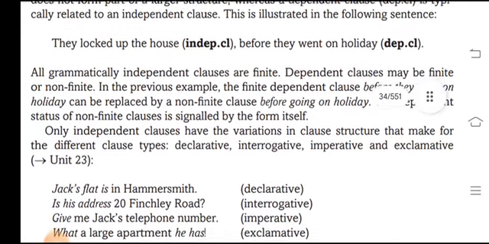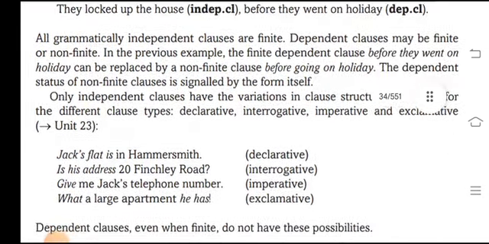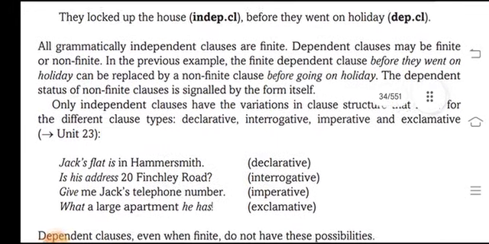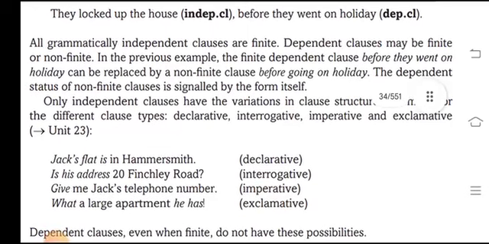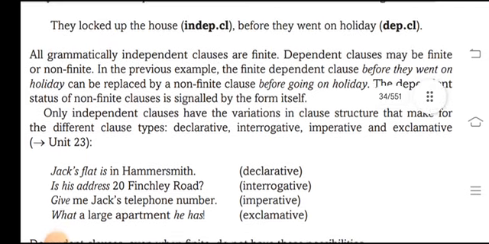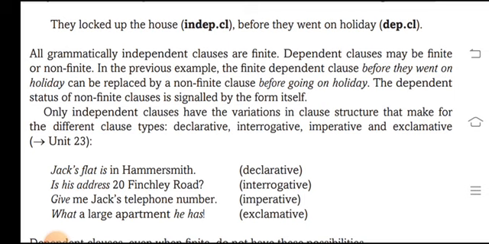This is illustrated in the following sections. They locked up the house, the independent clause, before they went on holiday. All grammatically independent clauses are finite, and the dependent clause may be finite or non-finite, as in the previous example.